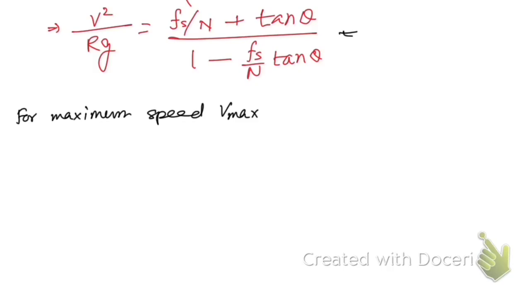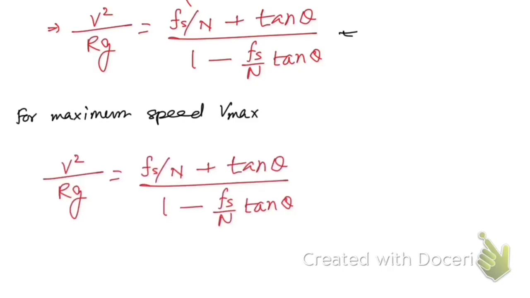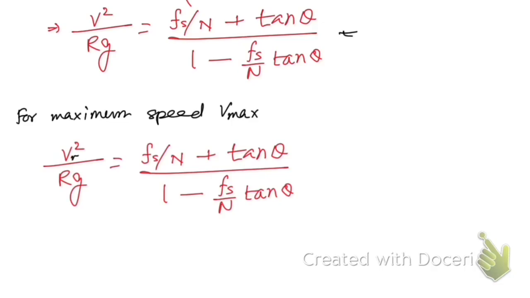Let me write here. Okay. So for Vmax, here we're going to write Vmax square. Here in this case we're going to write Fs max, right. And here also we're going to write the limiting friction Fs max.